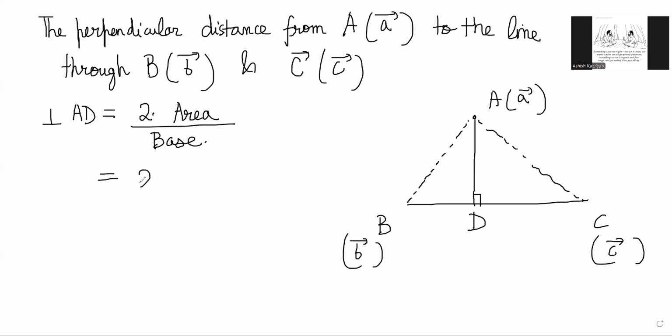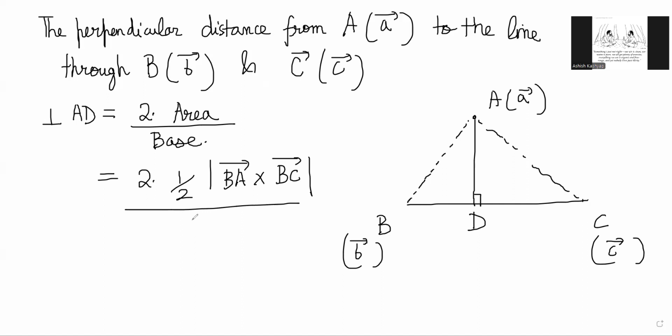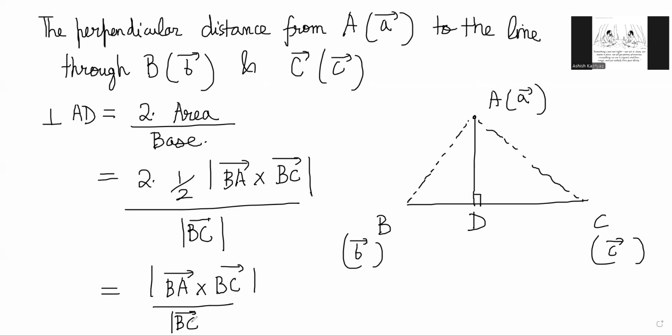So now twice the area of the triangle will be half into modulus of BA vector cross BC vector, divided by the base, which will be modulus of BC vector, right? Now, this we can write simply as modulus of BA vector cross BC vector divided by modulus of BC vector.